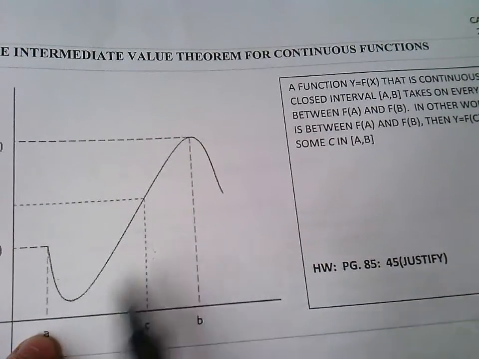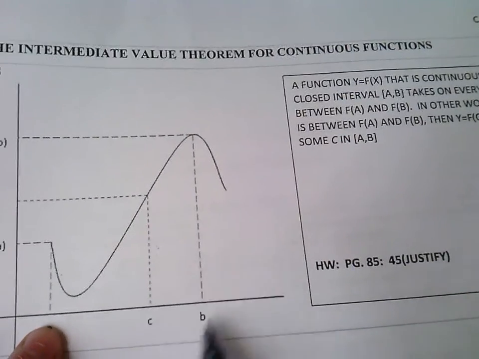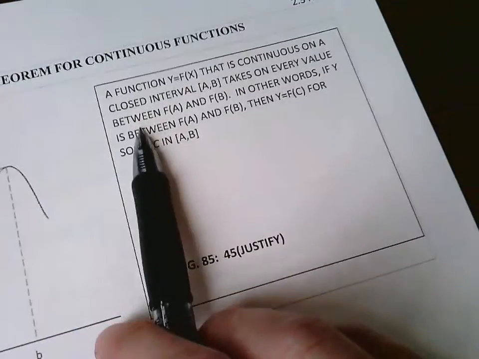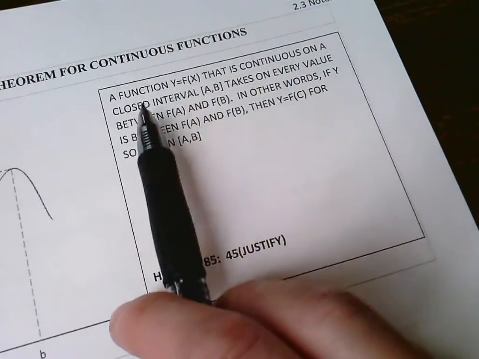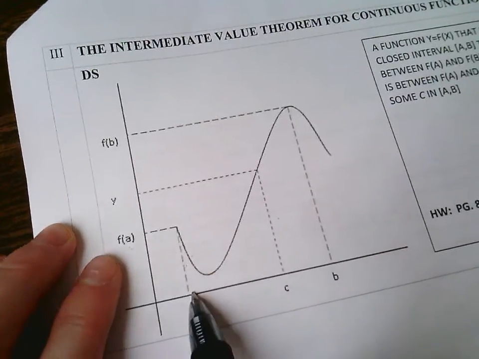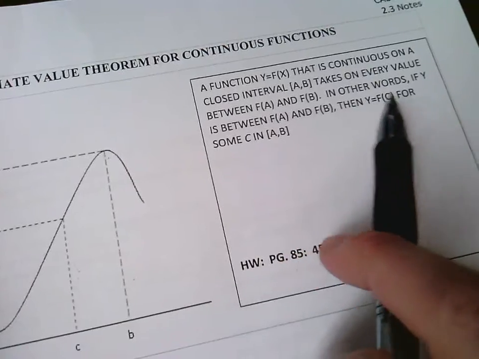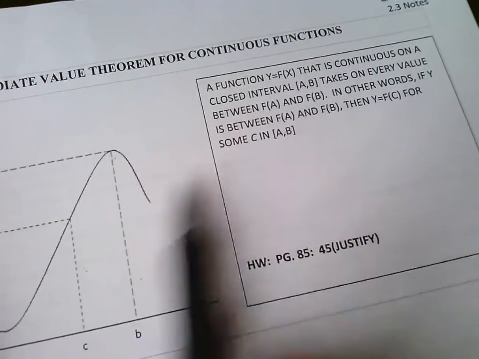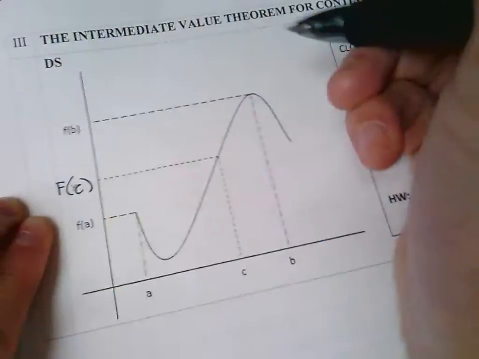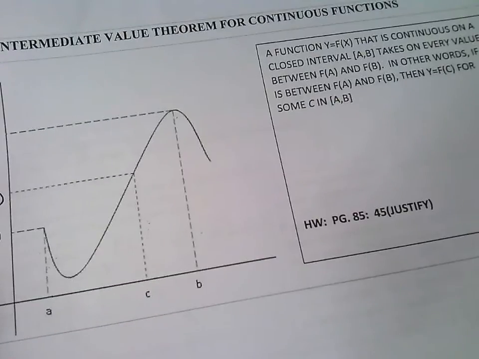So a function y equals f of x that is continuous on a closed interval A to B takes on every value between f of A and f of B. So f of A and f of B are just the y values of A and of B. Then y equals f of C for some C in that domain. So this is C, that's f of C. Okay, that's all that says.